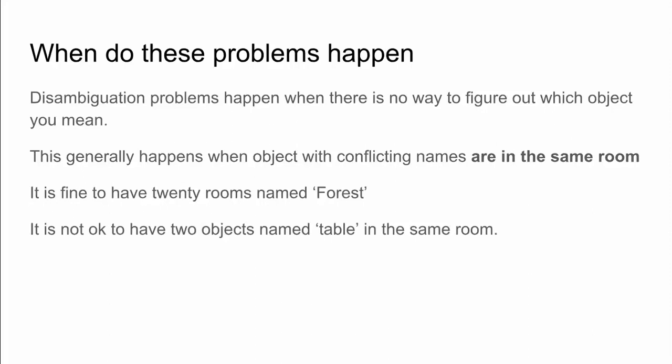Well, that's a problem because when you say look at table, there's more than one. The parser cannot map the word table to a single object, and it will say, I don't know which one you mean. So we have to name our objects so that they are uniquely identifiable. There's always a word that's unique to that object.